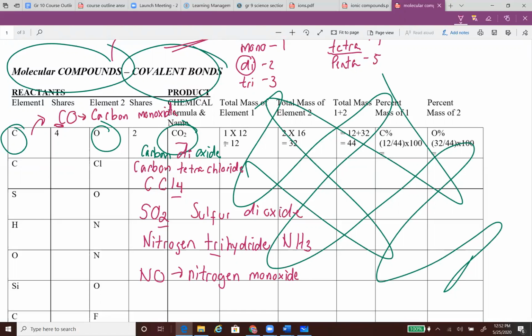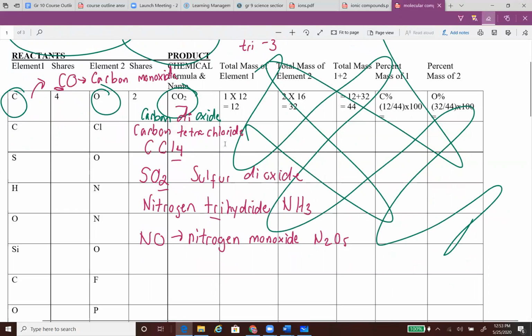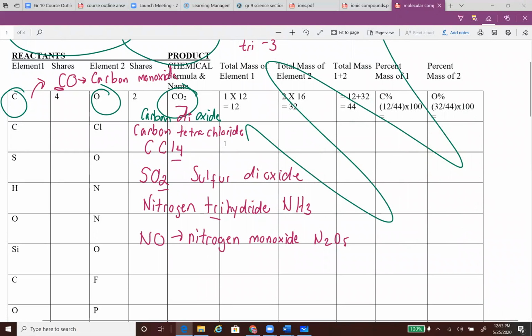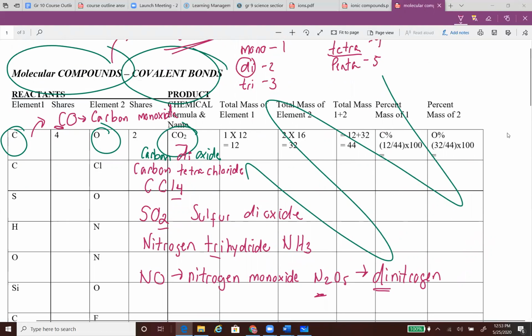But it could also be, there's other forms of it. Like I've seen this, N2O5. Obviously that would be called something different. Let me erase this. If it looks like that, that would be called dinitrogen. Why di? Because there's 2 nitrogen, right? And di means 2, right?